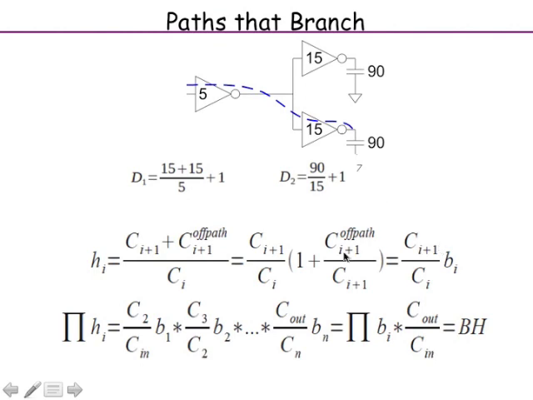So we can write it in this form, C i plus 1 by Ci times Bi, where Bi is the branching. If there are two copies of itself here, branching is 2. Four copies, branching is 4, and so on.